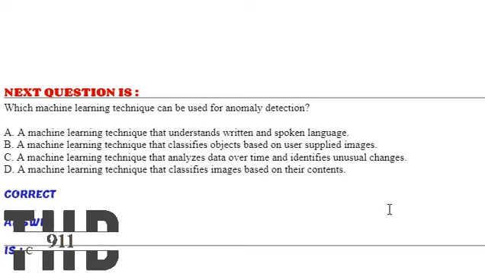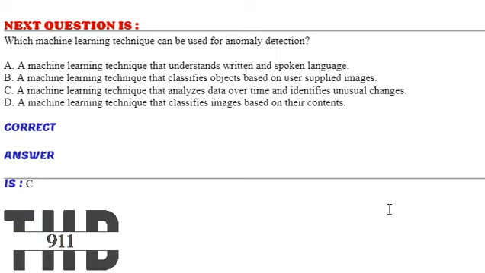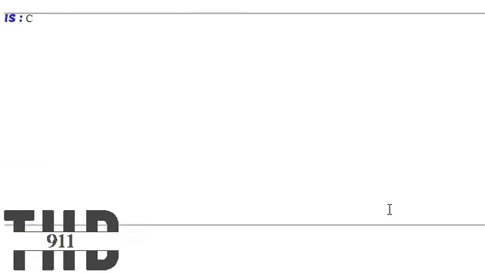Option C, a machine learning technique that analyzes data over time and identifies unusual changes. Option D, a machine learning technique that classifies images based on their contents. The correct answer is option C. That is a machine learning technique that analyzes data over time and identifies unusual changes.